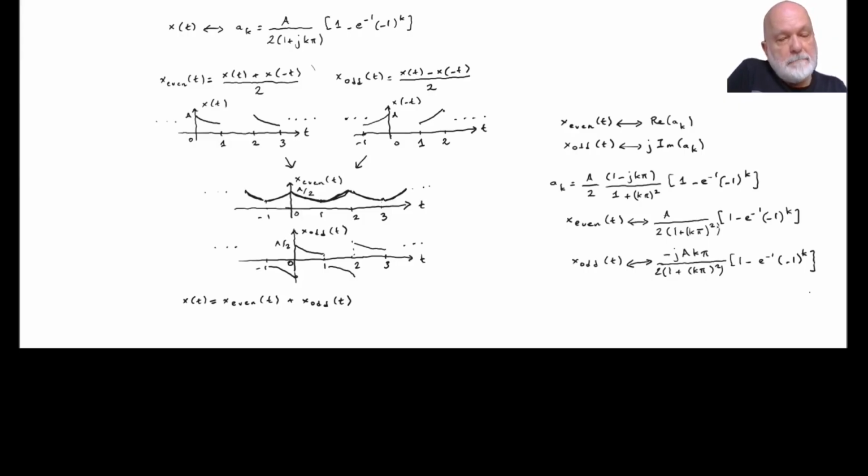Now, it is also possible to observe the following. If you express the Fourier series in trigonometric form, the even part of the signal will be represented in terms of a cosine series, because the cosine signals are even, and the odd part will be represented in terms of a sine series.